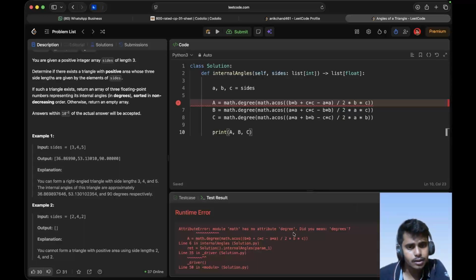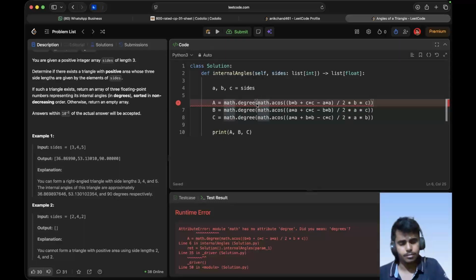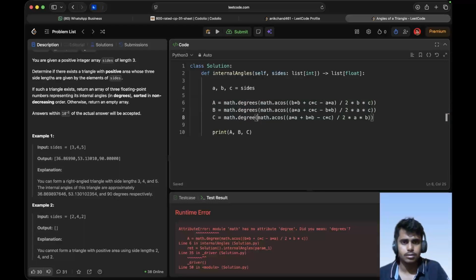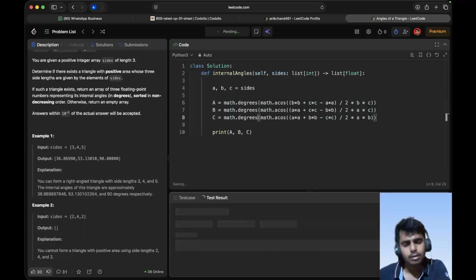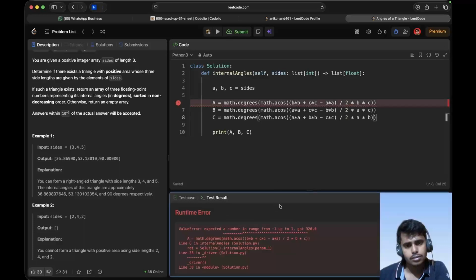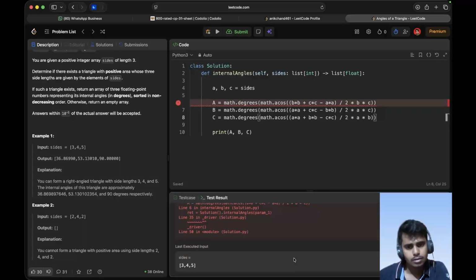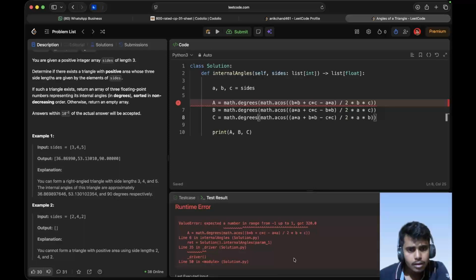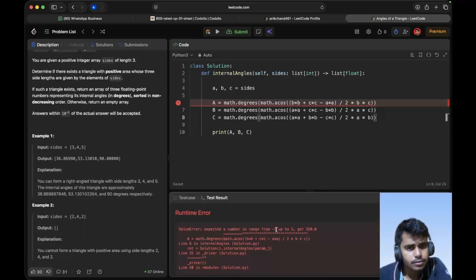Math has no attribute degree. Okay, I think this will be degrees. Math.acos expected number in the range.